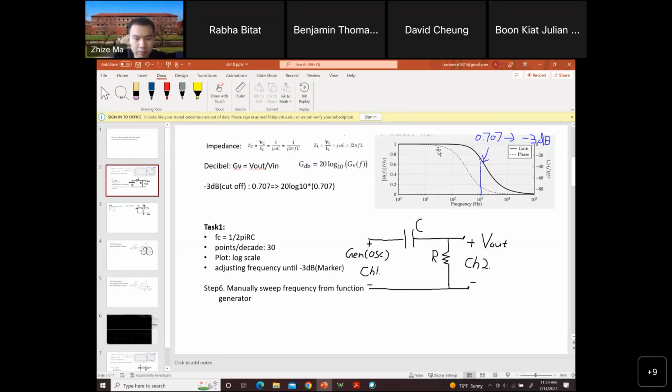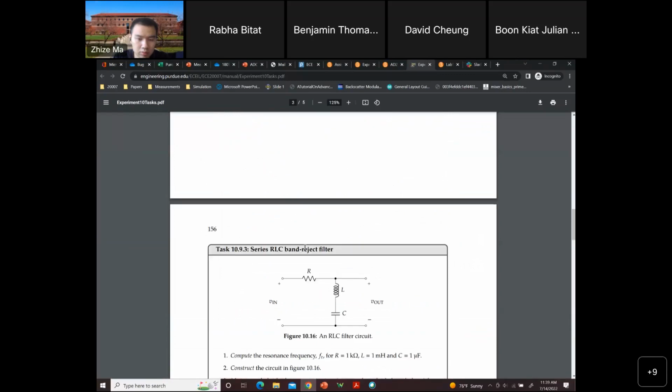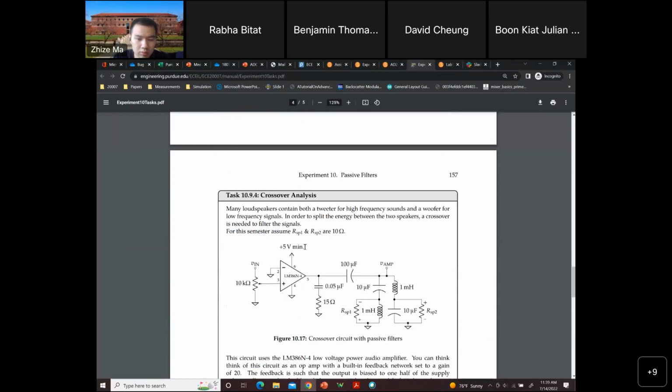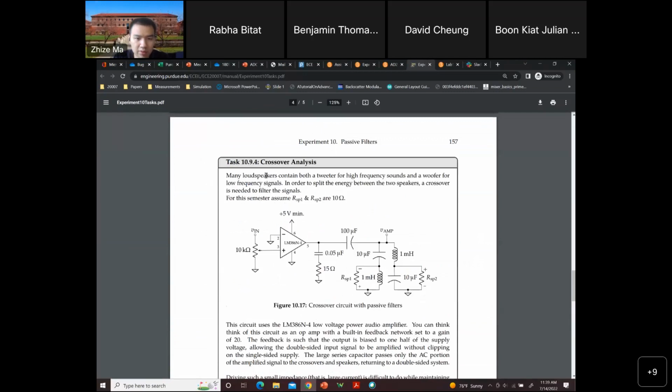For task 4, when you say we can just do the filter component, does it mean that we just do the filter and do the network analysis? You don't need to build anything before the amp, so just build everything after the amp. You can put the amp as your input and measure the output for RSP1 and RSP2.